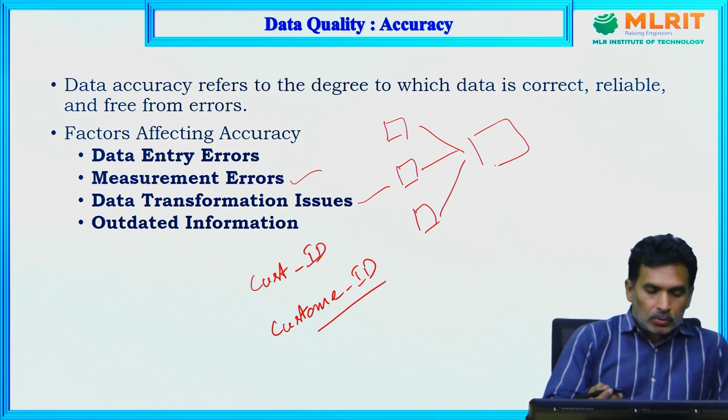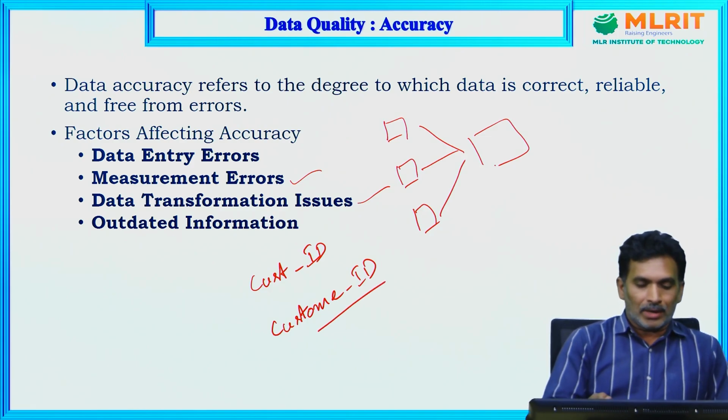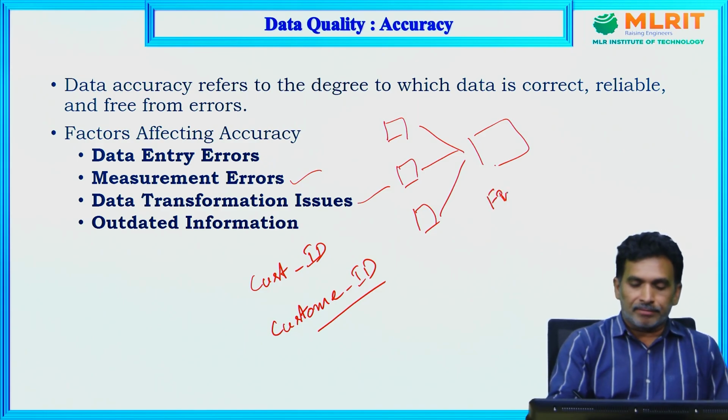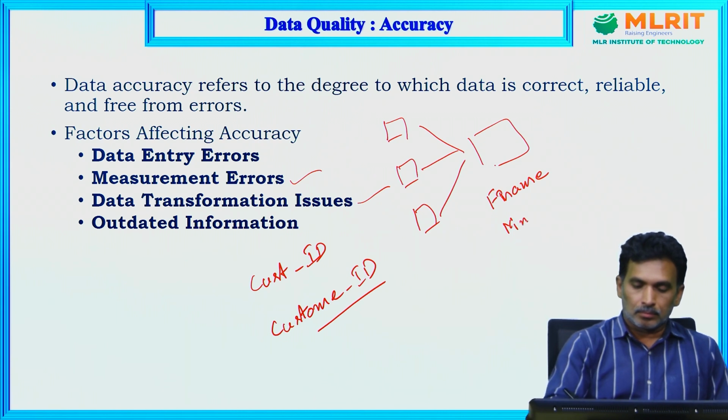Suppose in one database the customer details are first name, F name, M name, and L name.